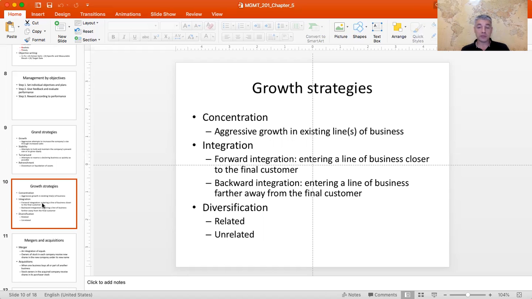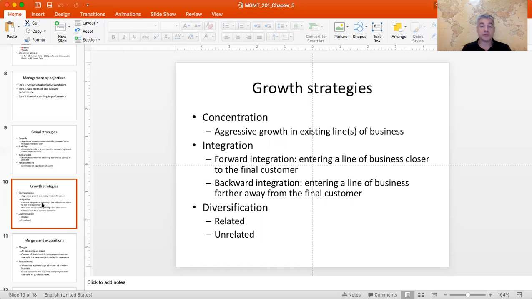Forward integration has to do with entering a line of business closer to the final customer. So, for instance, if you are a computer chip manufacturer, rather than selling your chips to Dell, and Dell then assembles computers and sells them to the customer, you may decide to actually put computers together yourself.